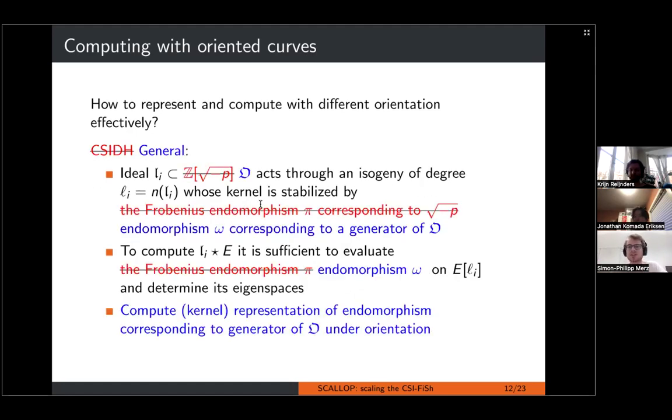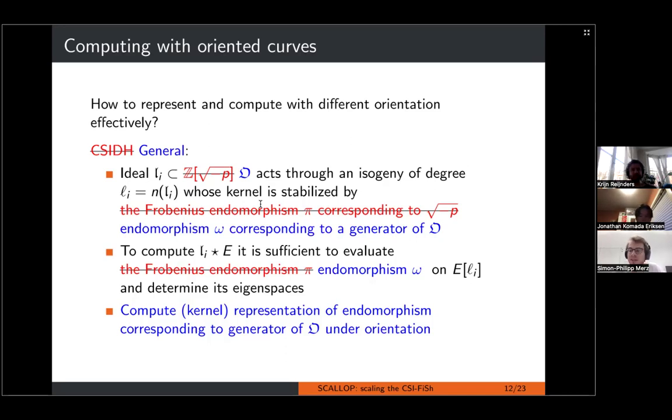More generally, you can just look at an ideal in your imaginary quadratic order, and it acts again through an isogeny of degree the norm of this ideal, whose kernel is stabilized under an endomorphism that corresponds to the generator of this imaginary quadratic order.